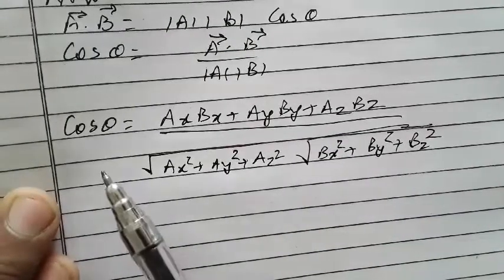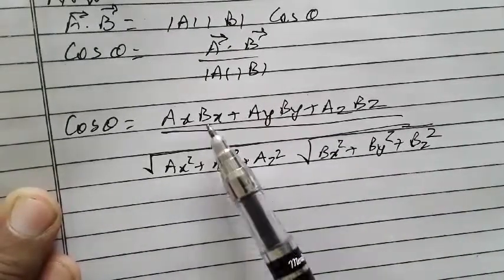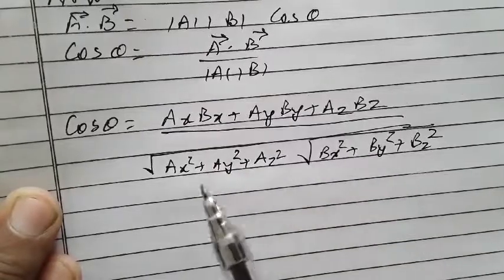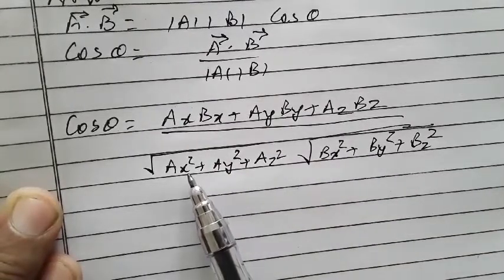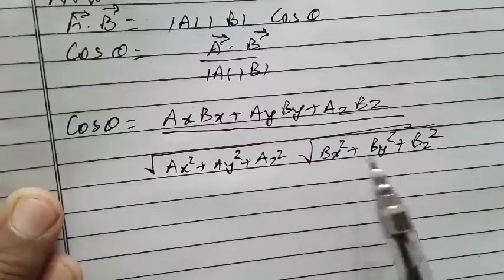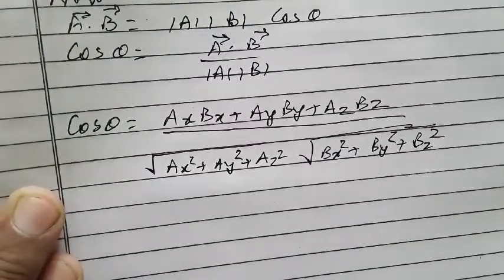So to find the angle between the two vectors, put in the values of ax bx, ay by, az bz, find the magnitude of vector a and the magnitude of vector b, then find the angle between the two vectors.